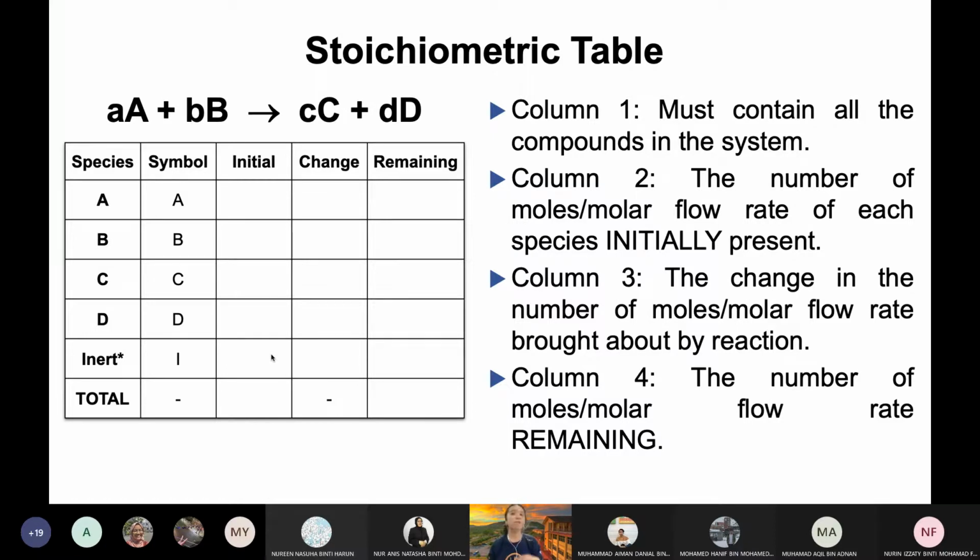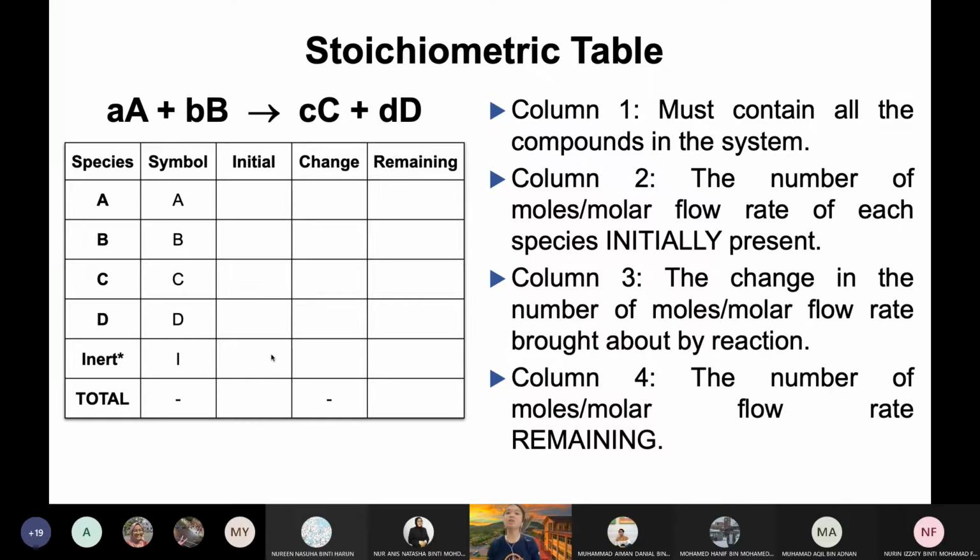So logically kamu pun boleh fikirkan, so kalau initially mestilah hanya reactant dan inert jika ada yang akan ada nilai. Maksudnya produk pada waktu awal initially takkan ada sebarang produk. So initial untuk produk akan ada kosong, akan jadi kosong. Yang akan ada hanya untuk reactant and if you have inert. Okay, so that's the first.